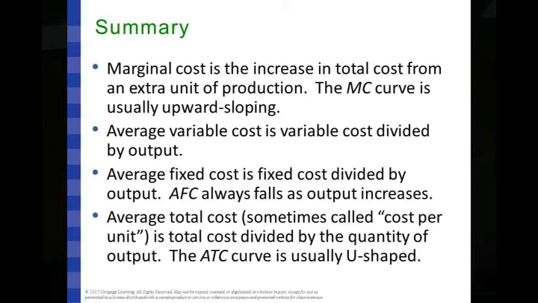For the typical firm, marginal cost rises as the quantity of output increases. Average total cost first falls as output increases and then rises as output increases even further. The marginal cost curve always crosses the average total cost curve at the minimum of average total cost.